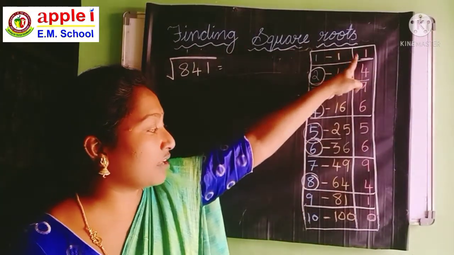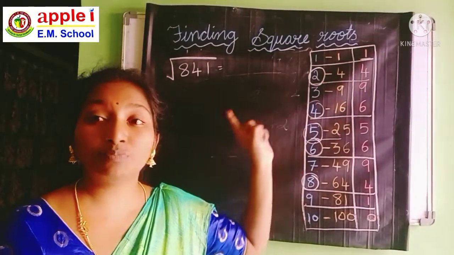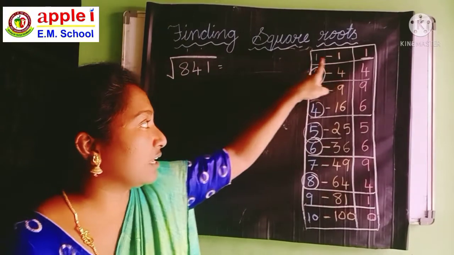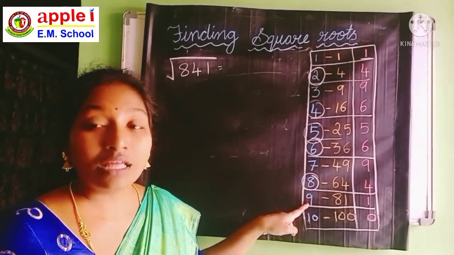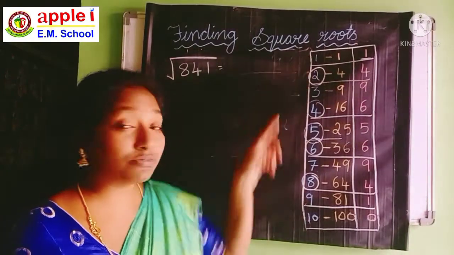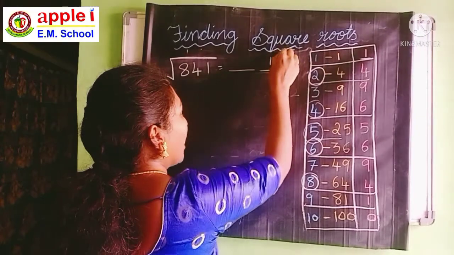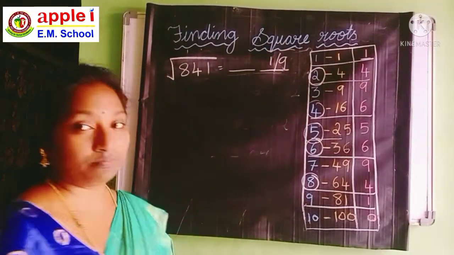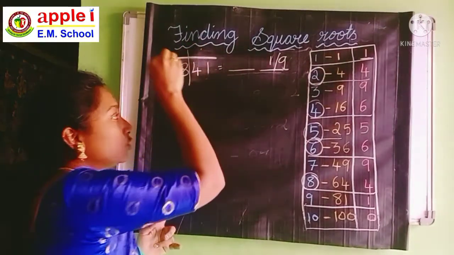Here you are having 1 and here you are having 1. And see the corresponding numbers. See here 1, this number is 9. So the units place is either 1 or 9.